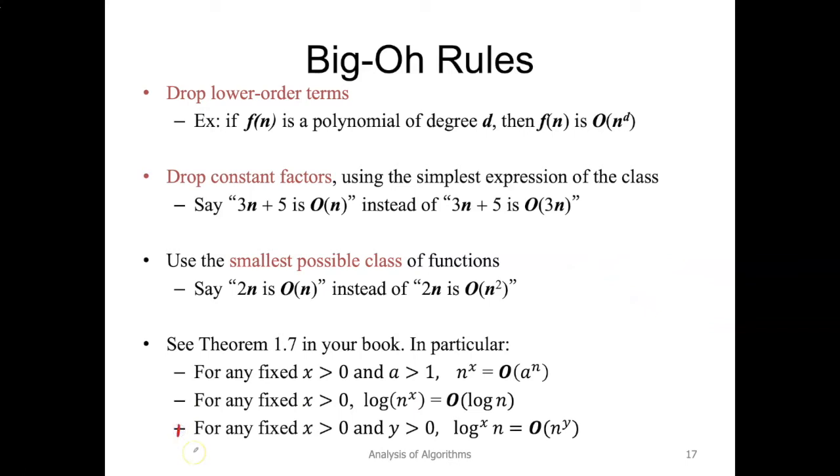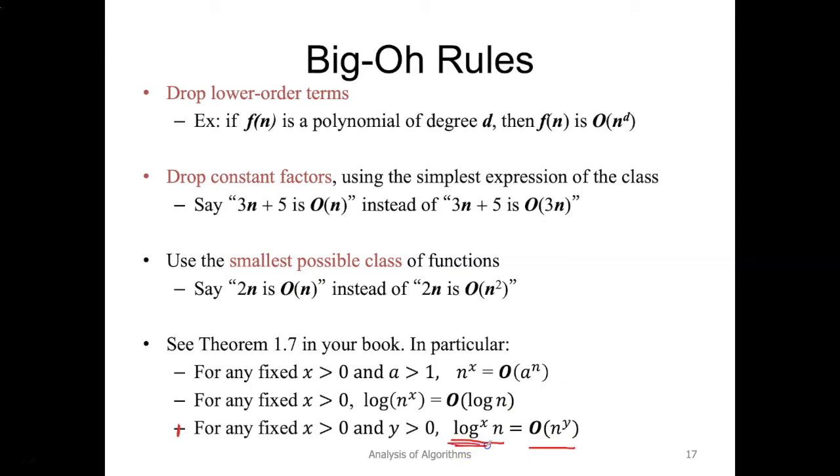So for any x greater than 0 and y greater than 0, again, these are just some fixed values. You can pick anything. They're not dependent on n. We have log to the power of x of n is big O of n to the power of y.